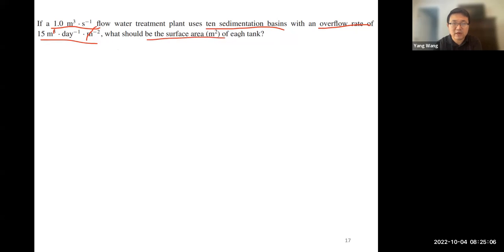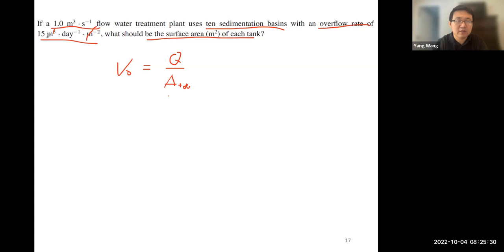What should be the surface area of each tank? First, we can use this relationship: V naught equals flow rate divided by area. Let's call this area A total.